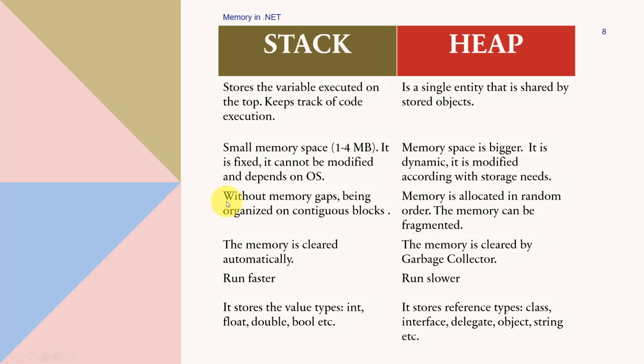Stack memory does not have memory gaps. Stack memory is organized in contiguous blocks, while heap memory is allocated in random order, and because of that, the heap memory can be fragmented. Stack memory is cleared automatically by the operating system, while the heap memory is cleared by the garbage collector in C# and .NET.